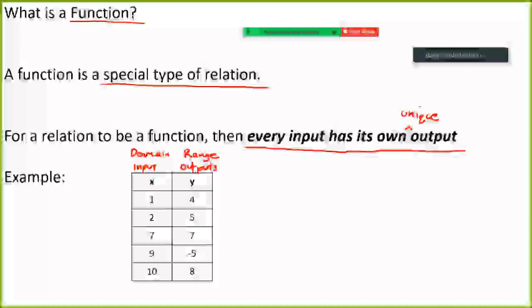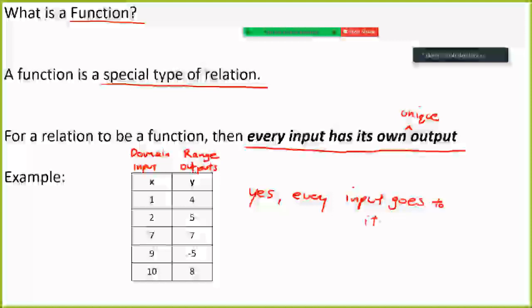So did every input that we see, every domain entry, does it go to its own unique output? Yeah, it looks like it does. Yes. Every input or every x value, every domain value goes to its own unique output in the range.